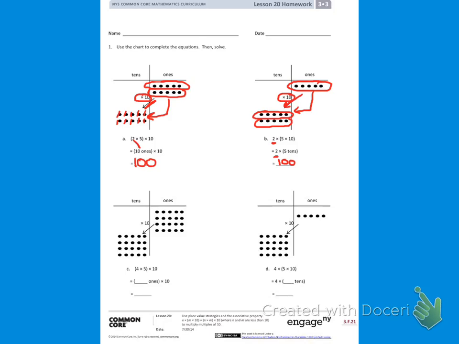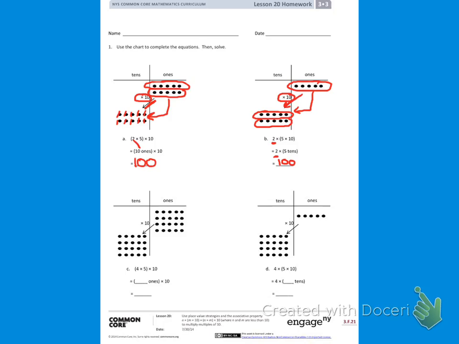Now let's look at item C. In this problem, we see 4 times 5 times 10, which equals or is the same as blank ones times 10, which equals or is the same as blank.